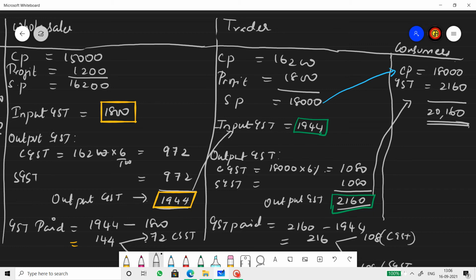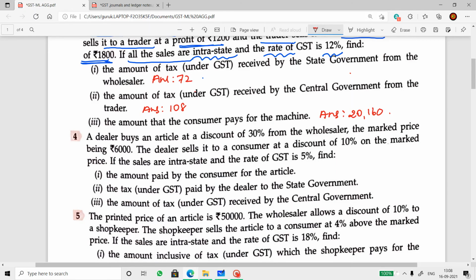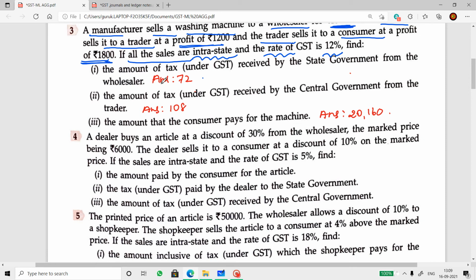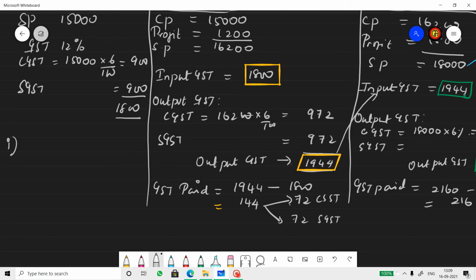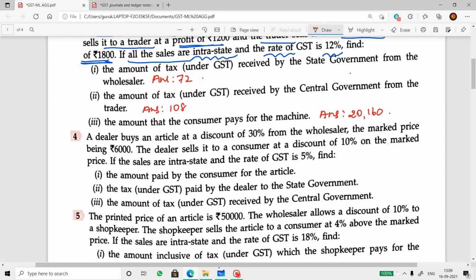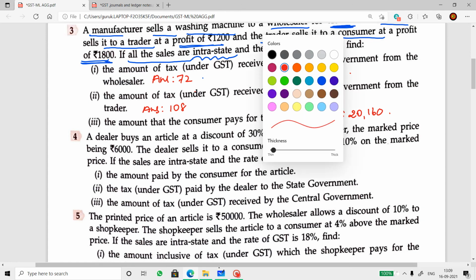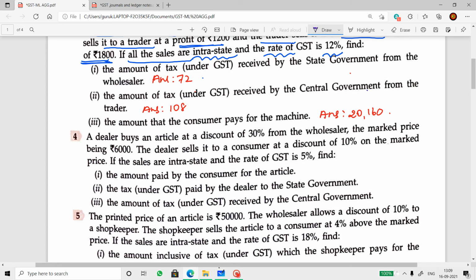Now let us see whether we are able to answer all the subdivisions comfortably or not. If you check your book back, you will find the given answer is 72 for Roman number 1, 108 for Roman number 2, and 20,160 for Roman number 3. Now let's see whether we are getting these figures from our calculations. So what is the first one? The amount of tax received by the state government from the wholesaler.